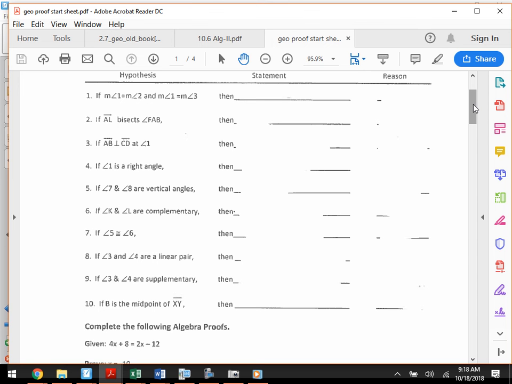And why would you say that? What property are you using? Perfect. That's exactly what you're doing. What you say is what these are, just kind of an idea of what you could write if you're given this information. Angle 1 equals angle 2, angle 1 equals angle 3. Therefore, angle 2 equals angle 3 because substitution.